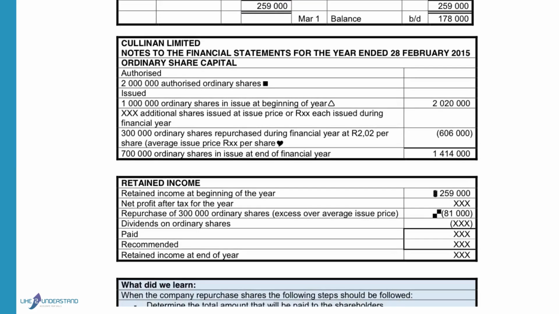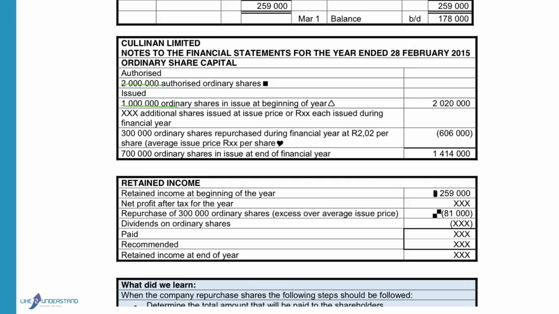If we look at the notes, we will see that the authorized share capital, the total amount that you are allowed to sell, was 2 million ordinary shares. How many were already issued at the beginning of the year? 1 million shares. That was the 400,000, 400,000 and 200,000.